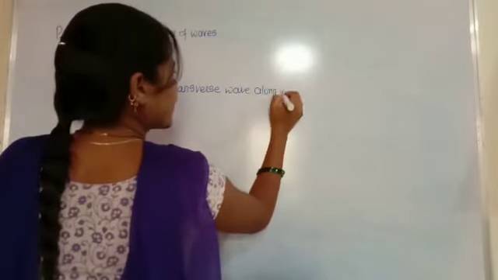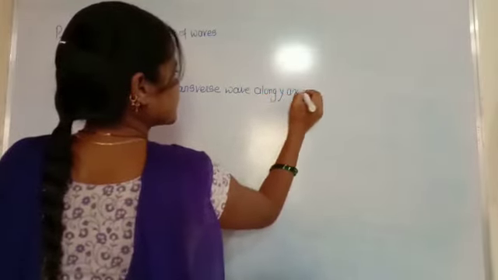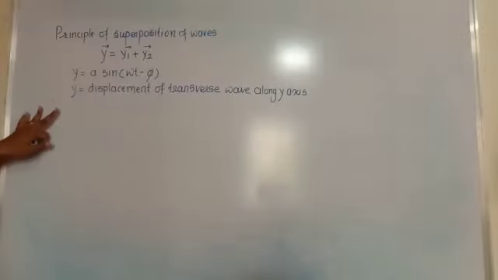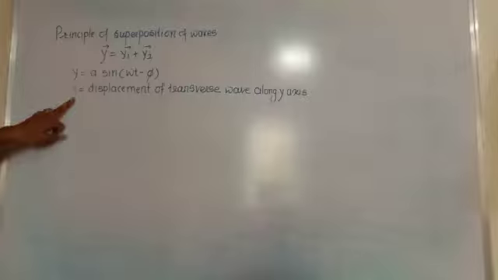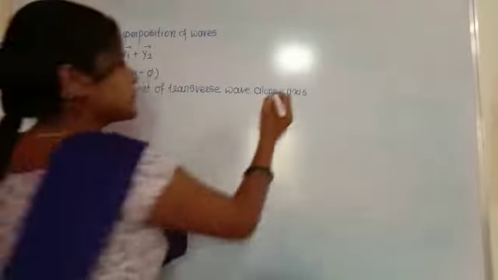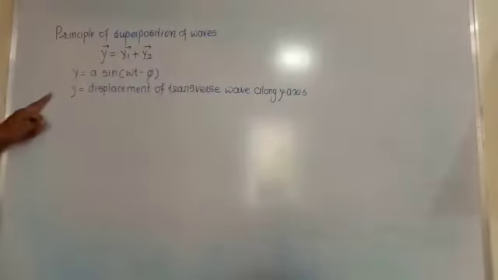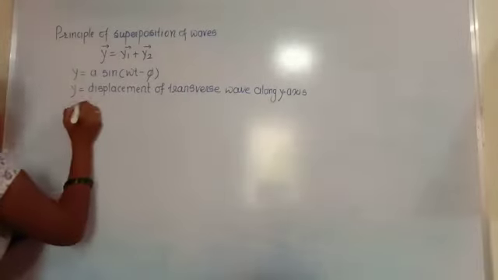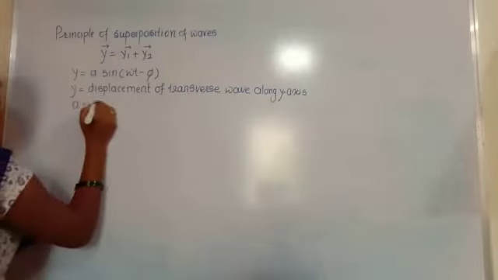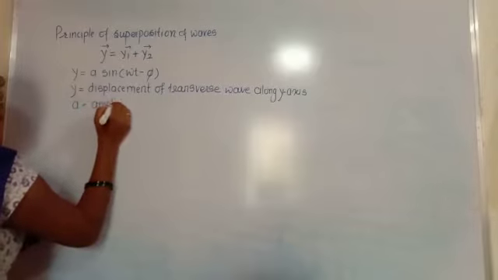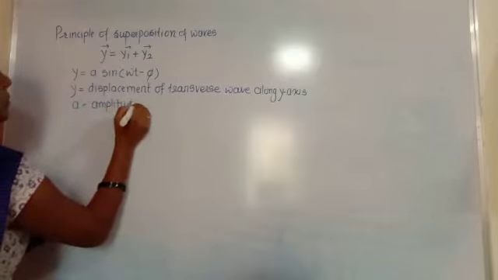That means the light wave travels along the x-axis, but the displacement is along the y-axis. Here a is the amplitude of the displacement, the amplitude of the light wave.